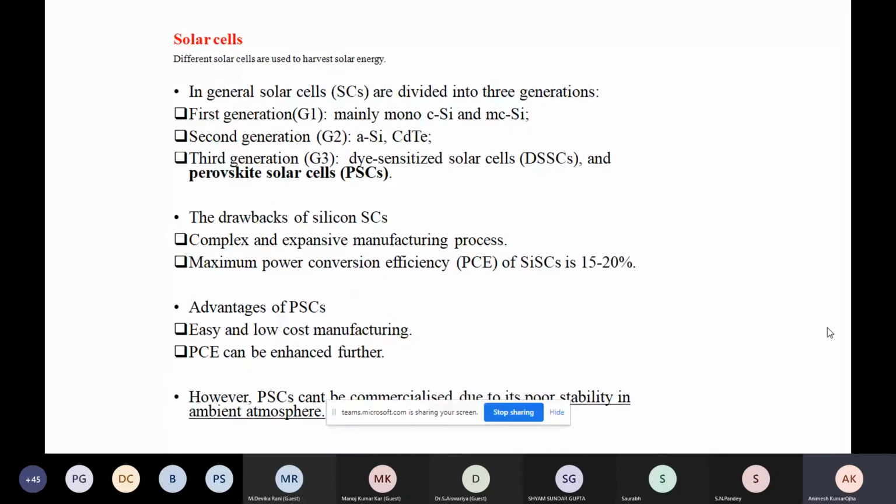Okay, so now these are the two areas on the perovskite solar cells where one can do research and try to find a solution in order to enhance the stability and efficiency of these perovskite based solar cells. Okay, so let's see here the introduction to the perovskite.